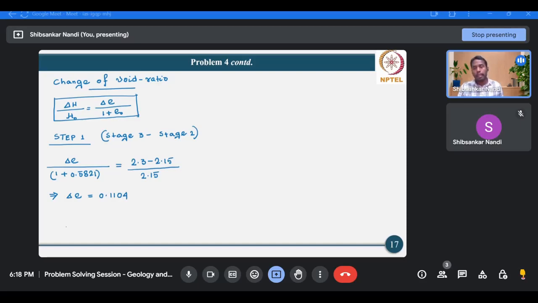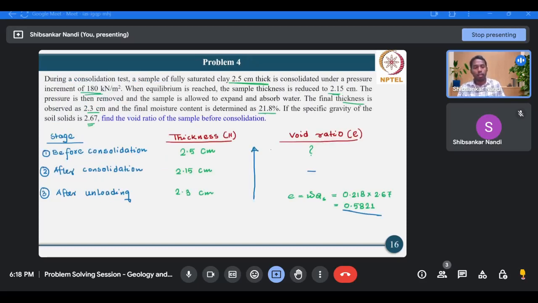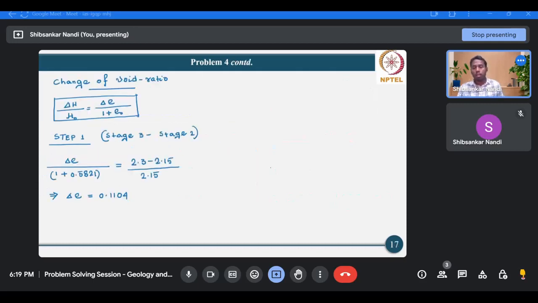Now this delta E, if we denote the void ratios as E1, E2 and E3, then this is E3 minus E2, which is 0.1104.